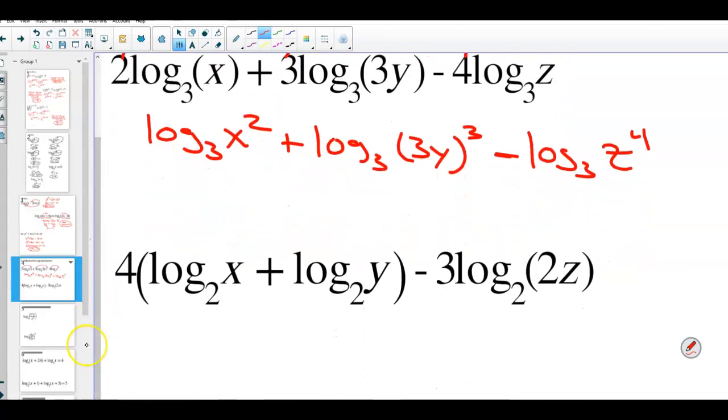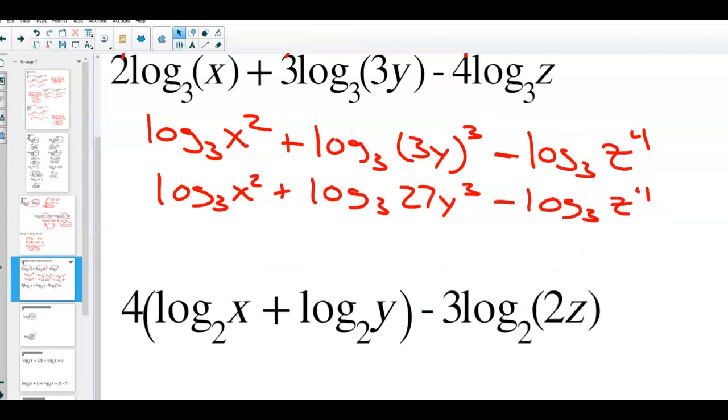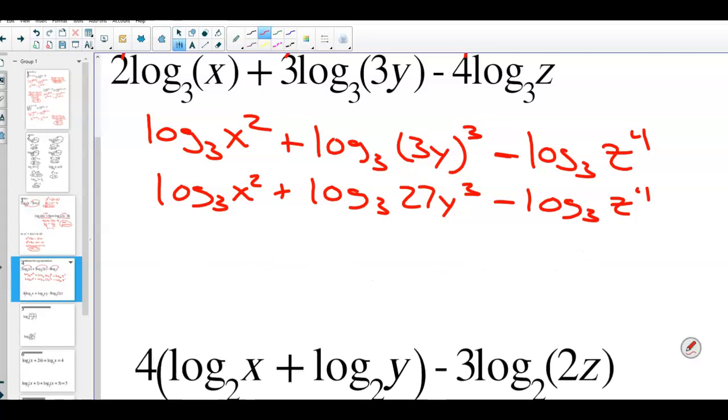Now, I'm going to distribute that exponent. 3 cubed is 27y cubed minus log base 3 z to the 4th. My advice to you here is this. Do not skip steps. Take one step where you deal with the addition sign.